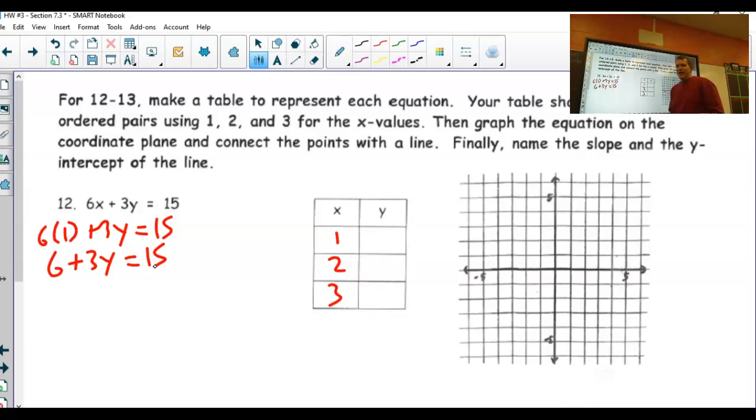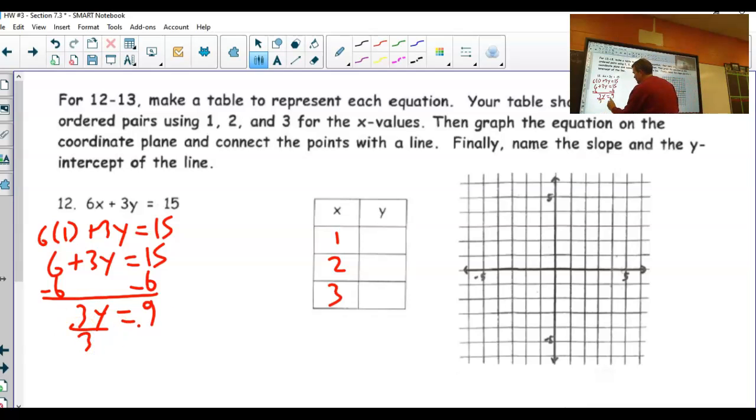I want to solve that for y, so I would subtract 6 from both sides, giving me 3y equals 9. And then I would divide both sides by 3, and I would get y equals 3. When x equals 1, y equals 3.